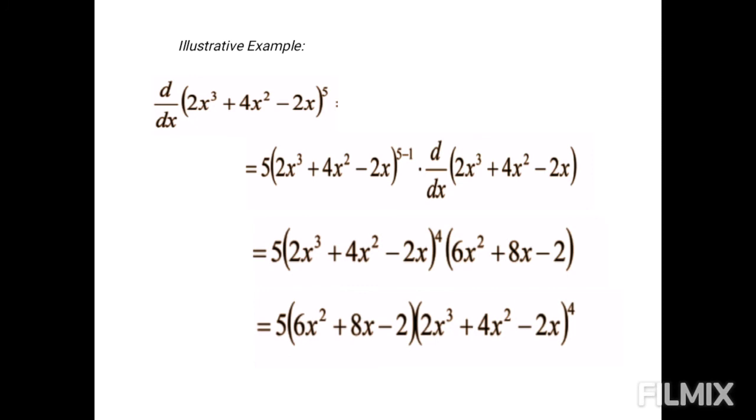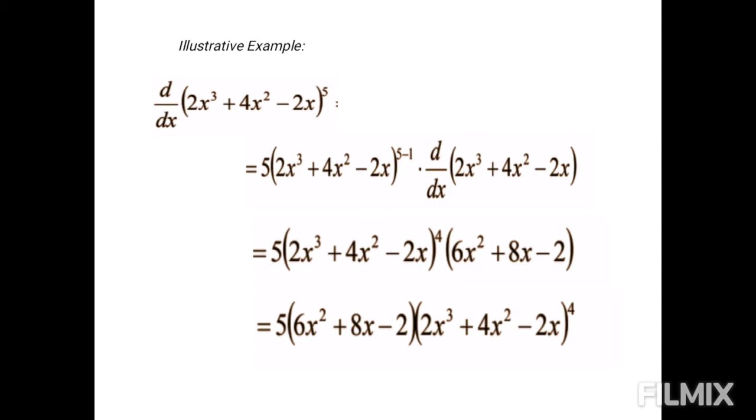And then we'll just have to organize the things here. So we have the constant 5 times the quantity 6x squared plus 8x minus 2, multiplied to 2x cubed plus 4x squared minus 2x raised to 4.